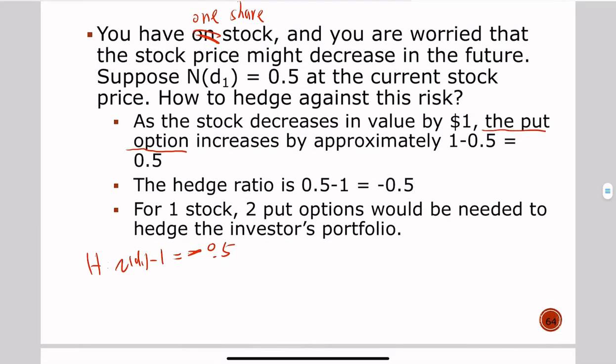So this basically means if the stock price decreases by 1, the put option will increase by 0.5, right? Remember that we have a negative sign here. So that's why if there is a decrease in stock price, you will have an increase in the put option value. So they should move in the opposite direction.